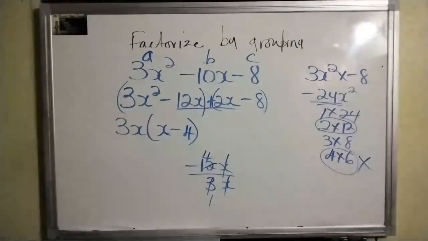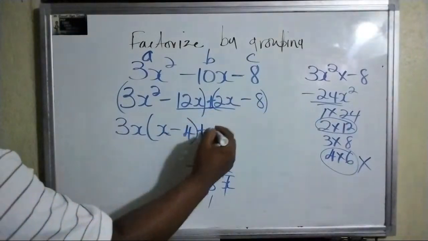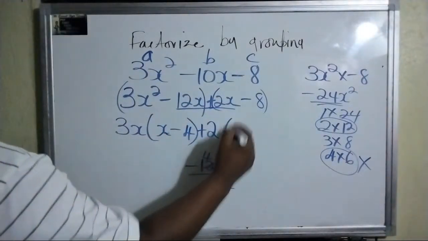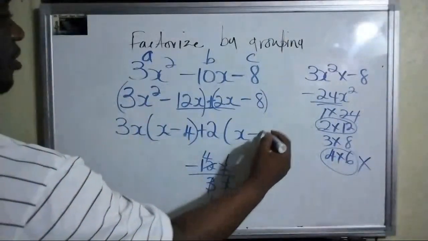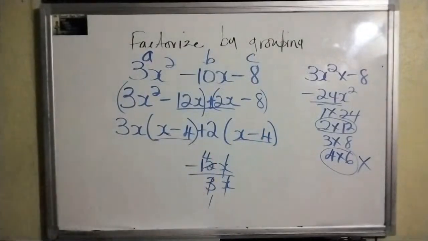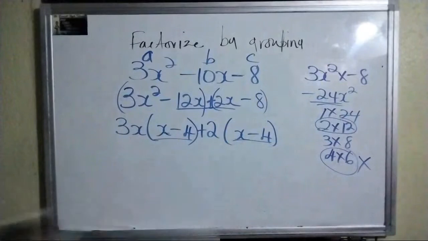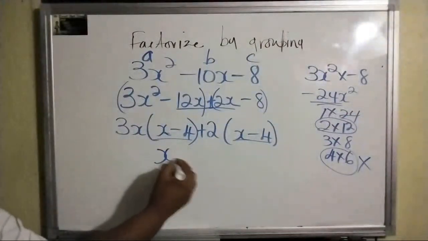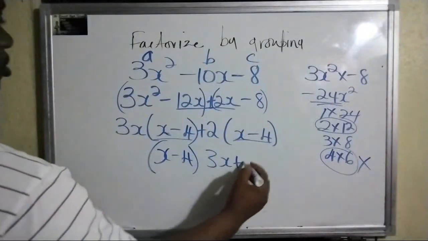We take out the highest common factor. 2 is common, so 2 into that leaves x, 2 into that leaves negative 4. Once I see you get this, you know you're on the right path, guys. Once I see you get that common factor, alright? So you have x minus 4 and 3x plus 2.